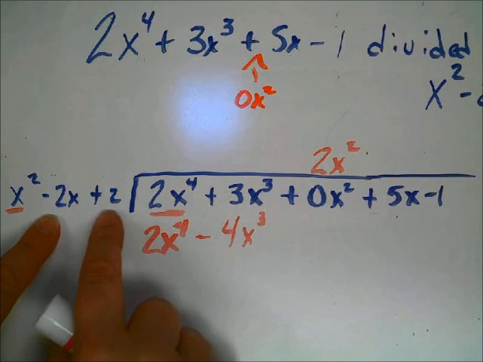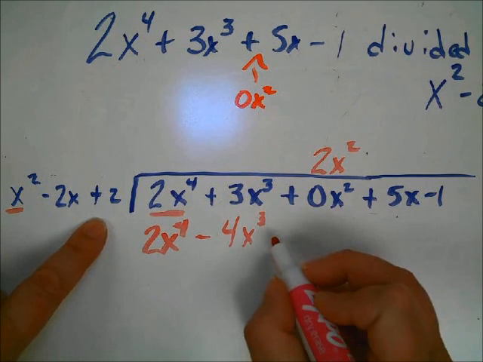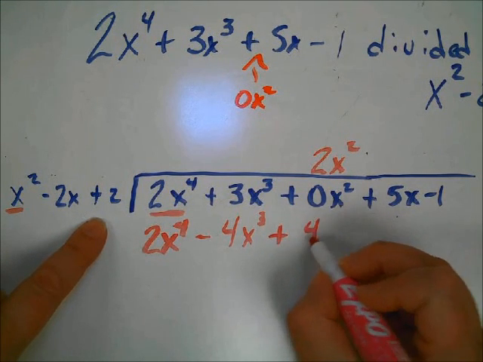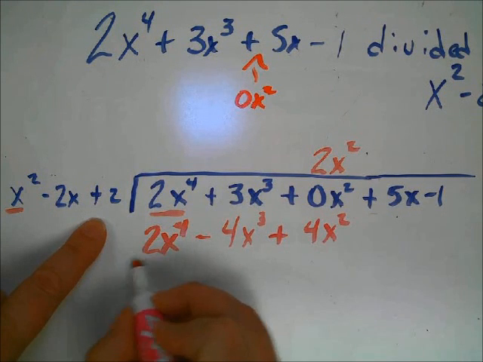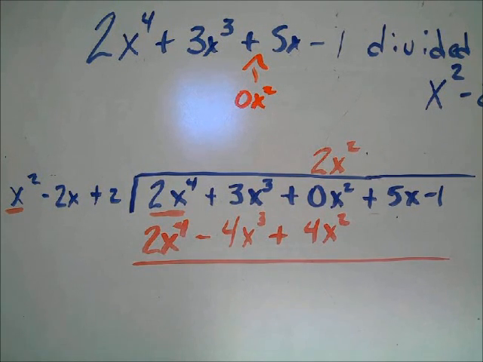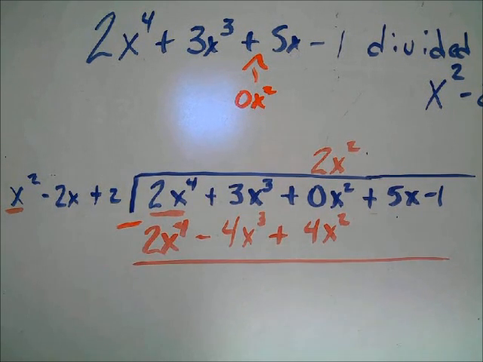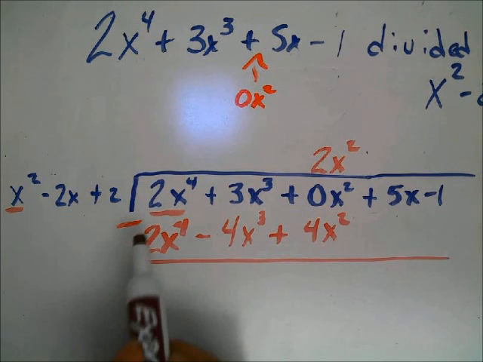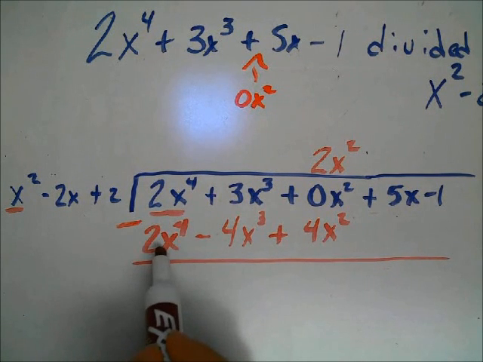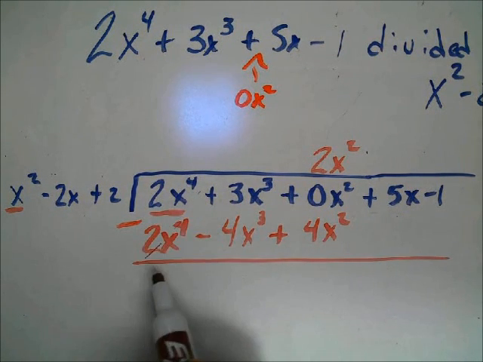Now, just like with long division, whenever we write what goes here, we want to subtract. And so you're going to have to think a little bit, especially when it comes to positive and negative numbers. It's easy to think 2x to the fourth minus 2x to the fourth. Those are going to cancel and give you a 0 right here, and that's what you want. It's a little harder to think when I'm doing 3x cubed subtract negative 4x cubed.